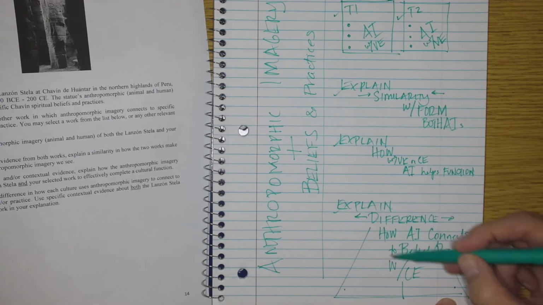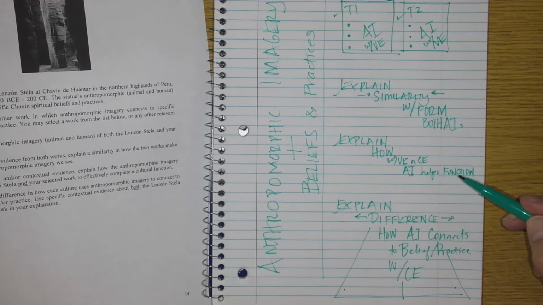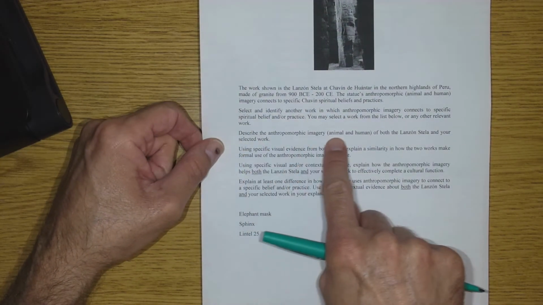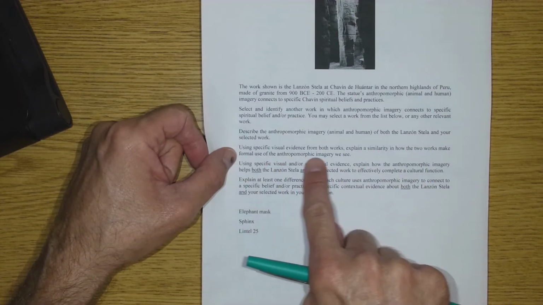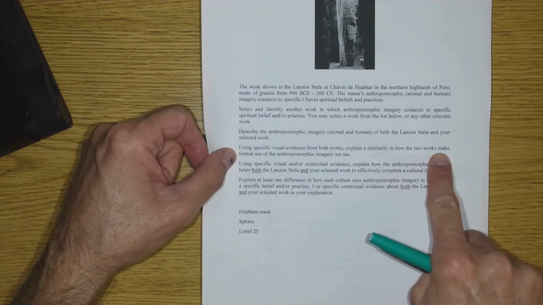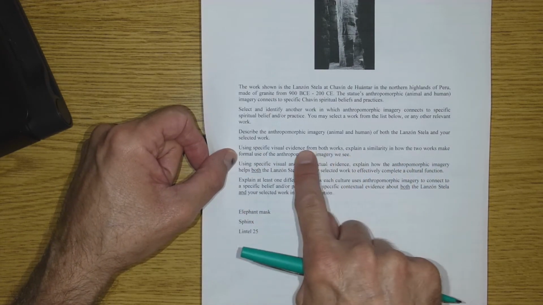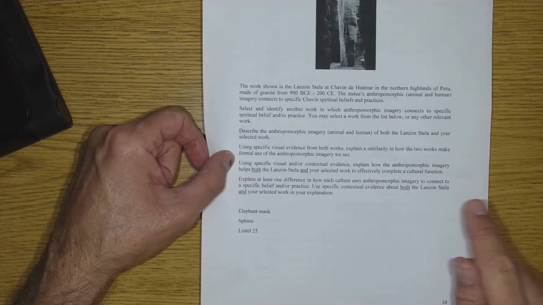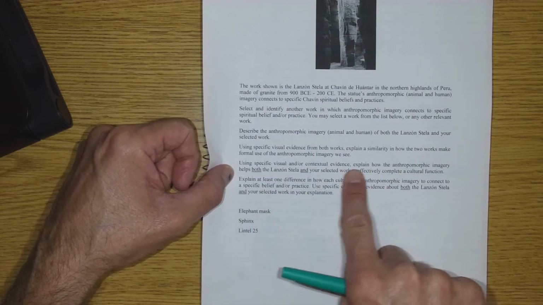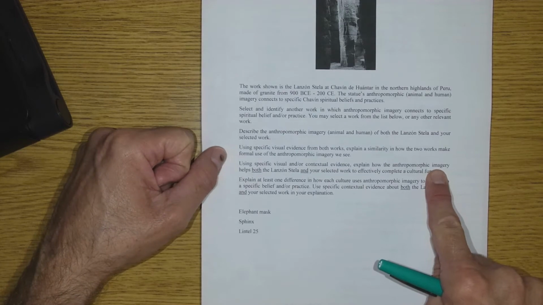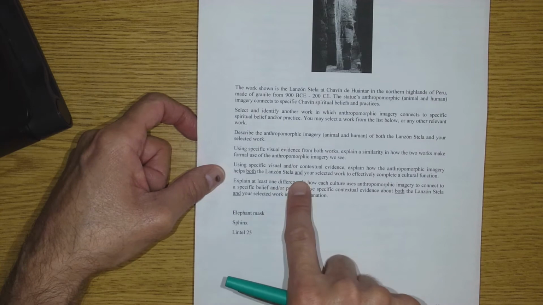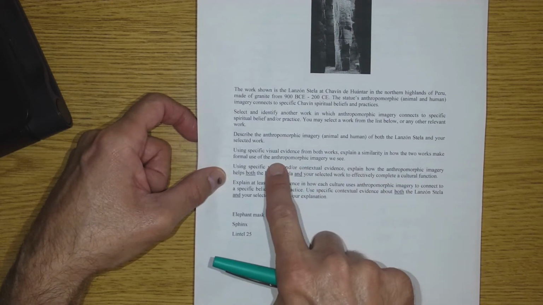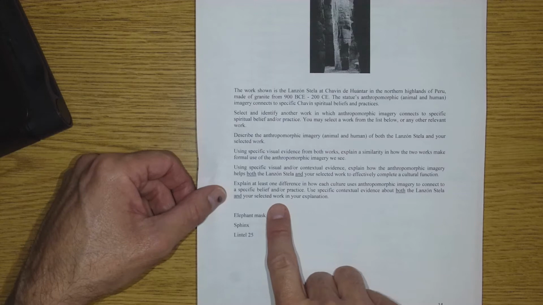And it's all about this difference, right? So, okay, I'm thinking that this is 2 points since we've got both the selected work and the Lanzón Stela. I think maybe this is 1 point because you're talking about both works and a similarity. Okay. This I think is probably going to be one task, although I see both and there that makes me suspicious when that's been underlined. If that's going to be 2 points plus another one, I don't know.